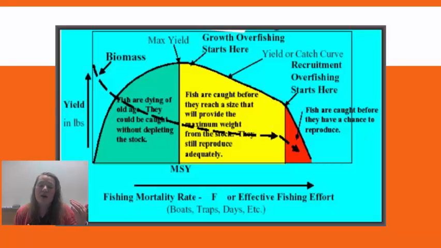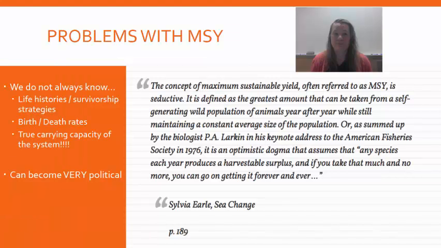Now, if our harvest is larger than the amount of new offspring, we've moved into the danger zone in the red section. What's happening is the fish are being caught before they can reproduce, so we are catching them early on in that growth diagram.